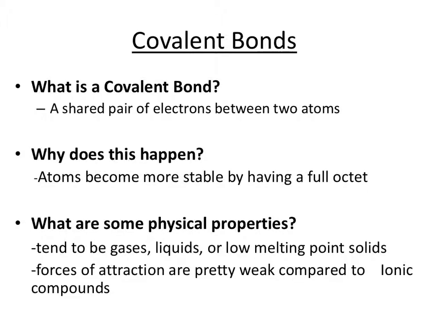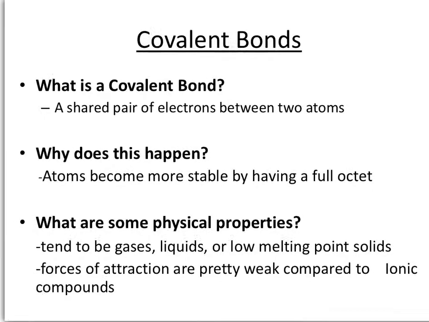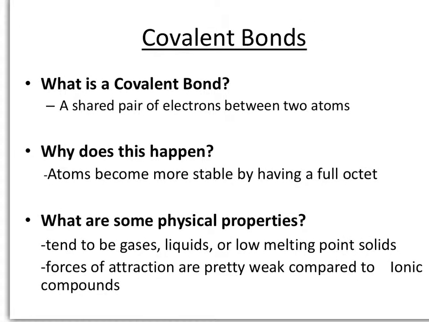So what specifically is a covalent bond? It's all about sharing. Nonmetals are willing to share their electron pairs in order to make everybody a little more stable, and that's exactly the reason why it happens. They end up getting a full octet, or their outermost electron energy level is more full because they're sharing between them.